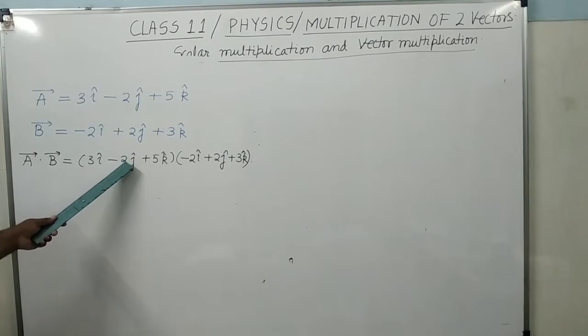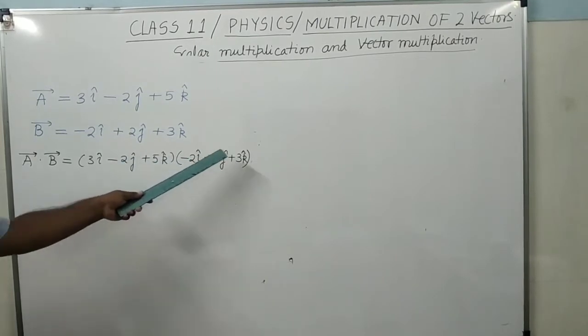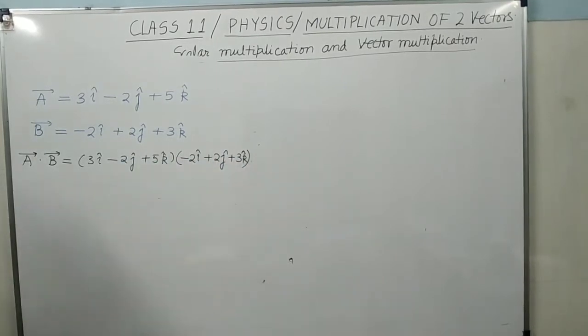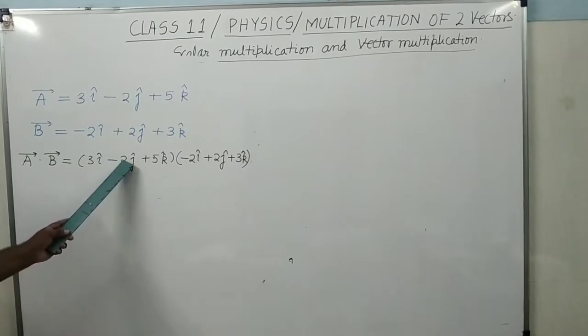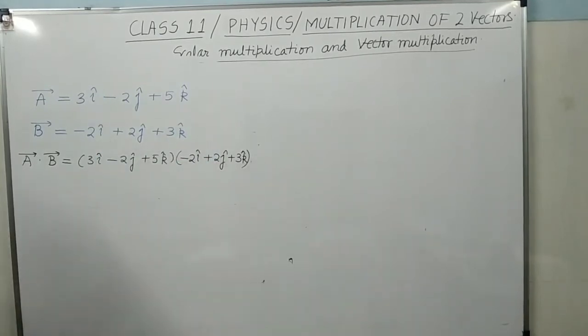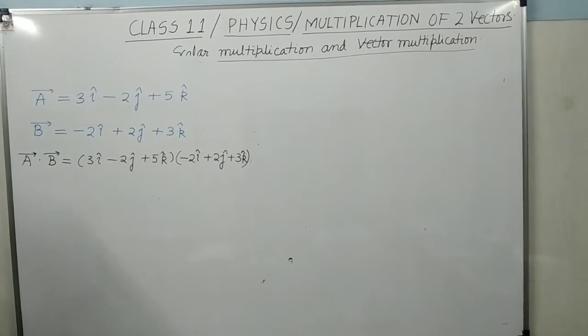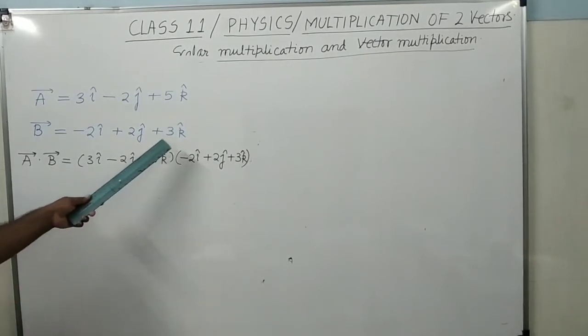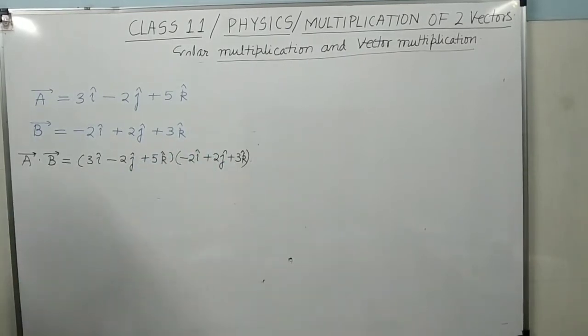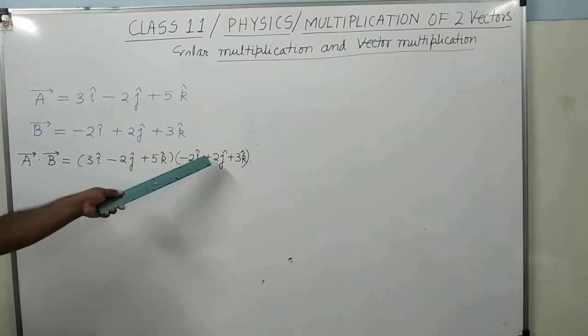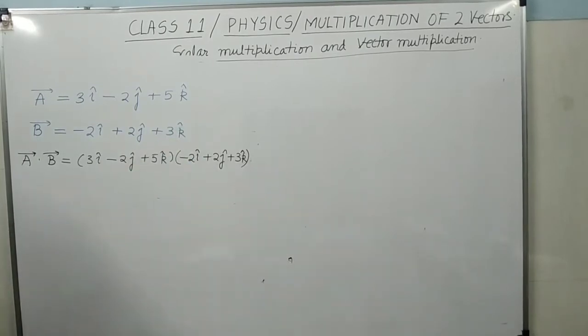Similarly, 2j multiplied with 2i and 3k will produce no result. It will produce a result only when multiplied with 2j, because when it is multiplied with i or k it becomes 0. Similarly, 5k multiplied with 3k gives the result; otherwise with the other two it will produce 0.